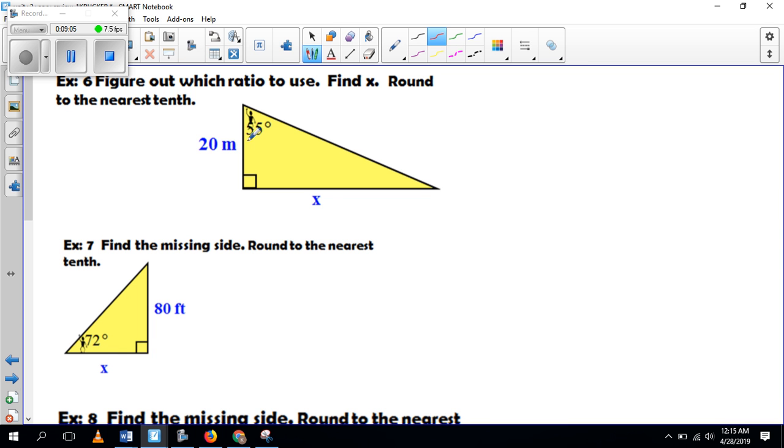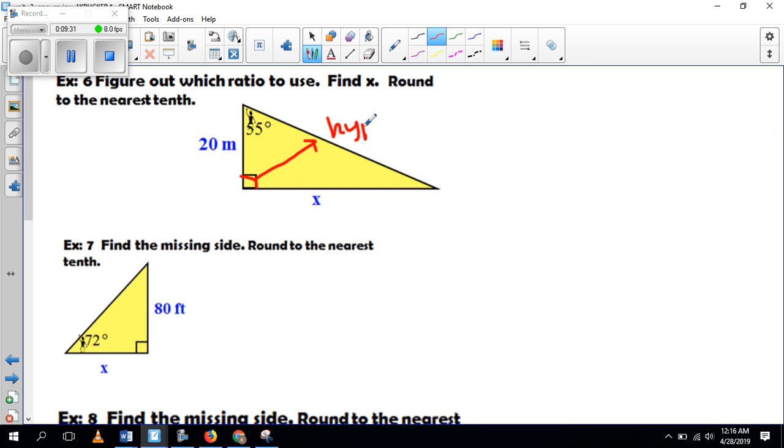The outsides of the triangles are your sides. So what we're going to do first, it says figure out which ratio to use, and then find x. Round to the nearest tenth. With triangles, we're always going to label, label, label. That's very important. So here's my 90 degree angle. I know across from here is always my hypotenuse.